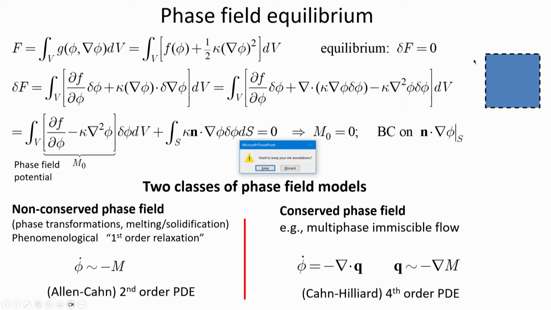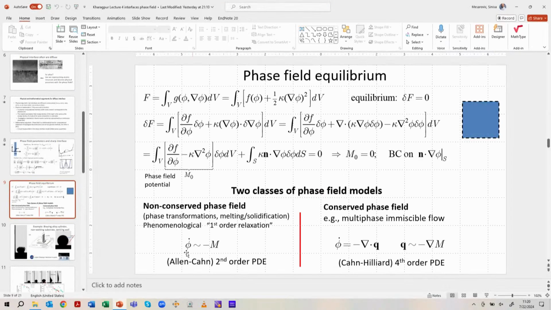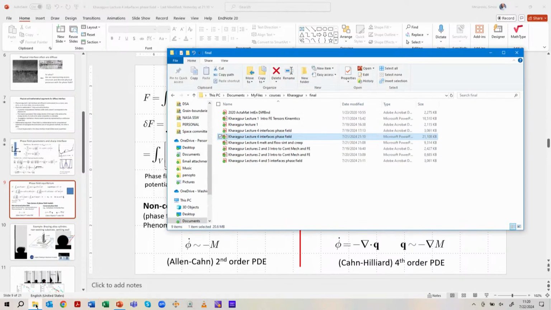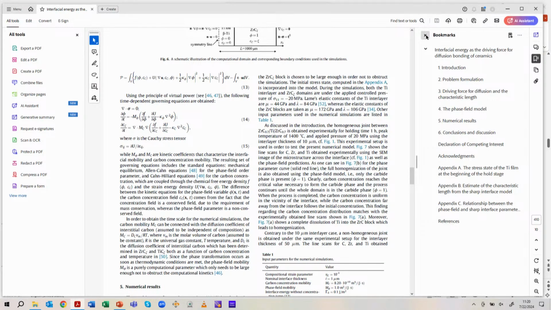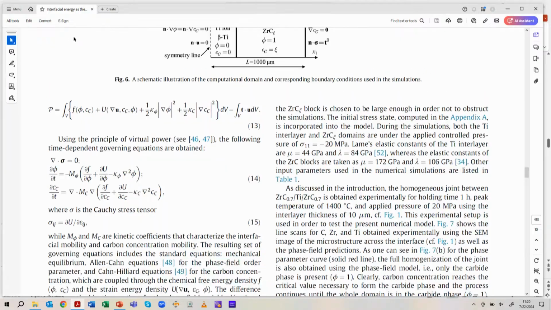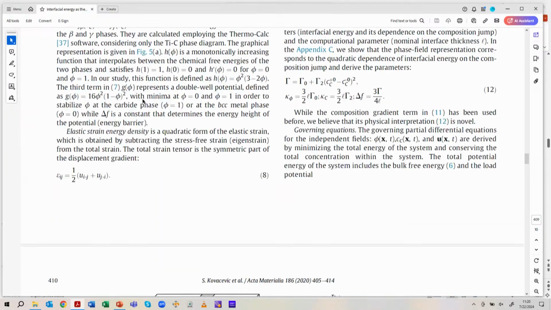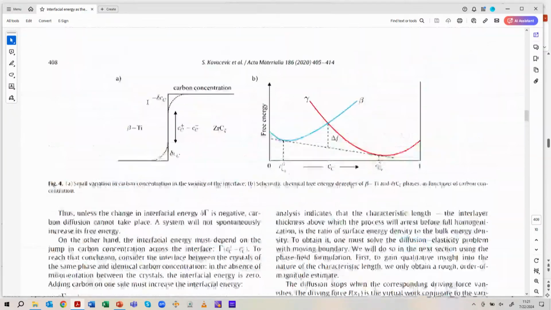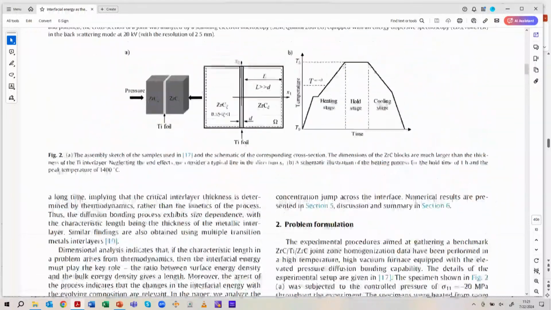Here's what I'm going to do now. I'm going to go over a paper. It happens to be my paper from the literature, not because it's mine, but because I couldn't find a better example of a one-dimensional problem.